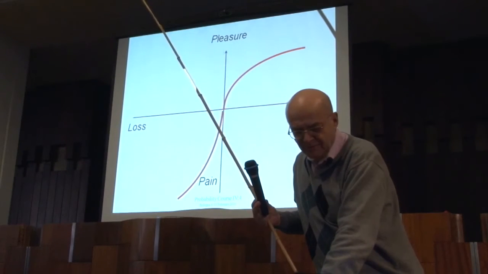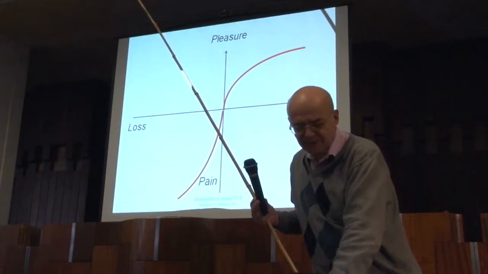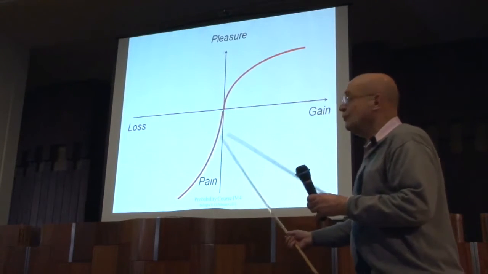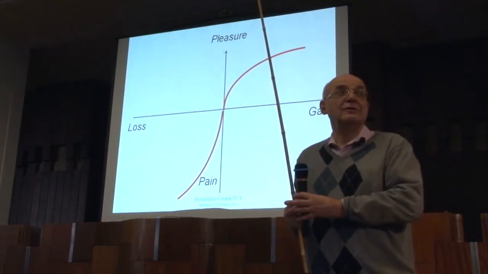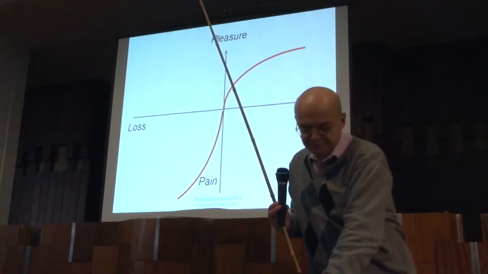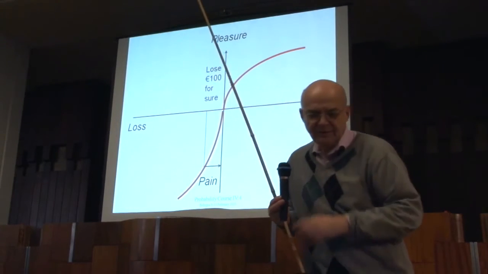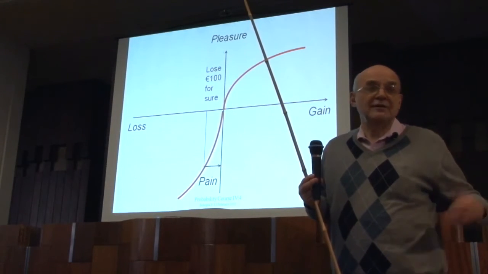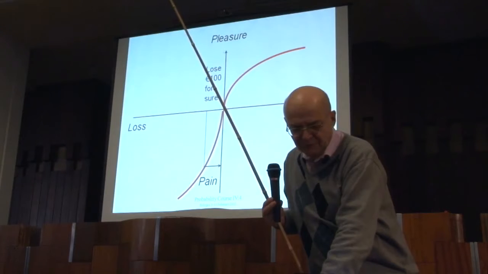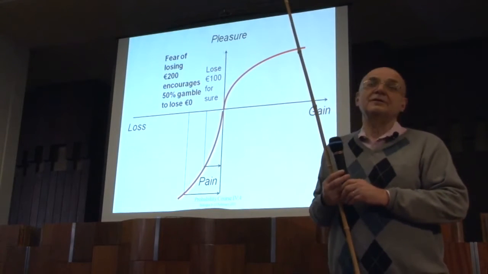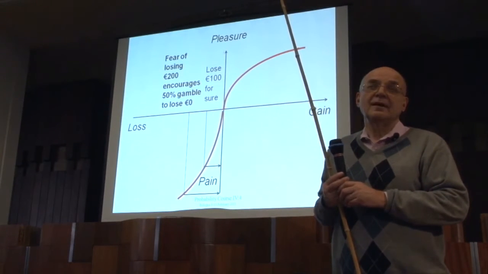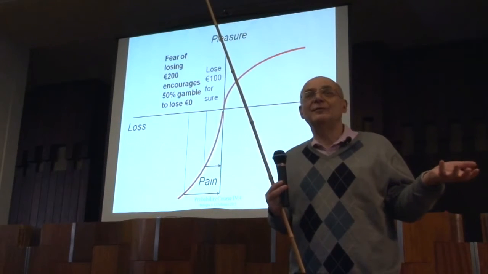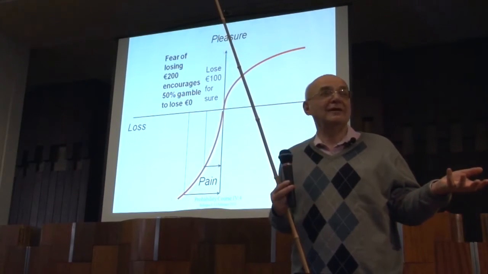On the other hand, at the other end, you can see that this curve is not symmetric. This curve slopes down faster than the positive curve. So here we have losing 100 euros for sure. Of course, that is painful. But then, a 50% chance of losing 200. And it turned out that people were prepared to gamble on that. It gave them a 50% chance to avoid any loss at all.